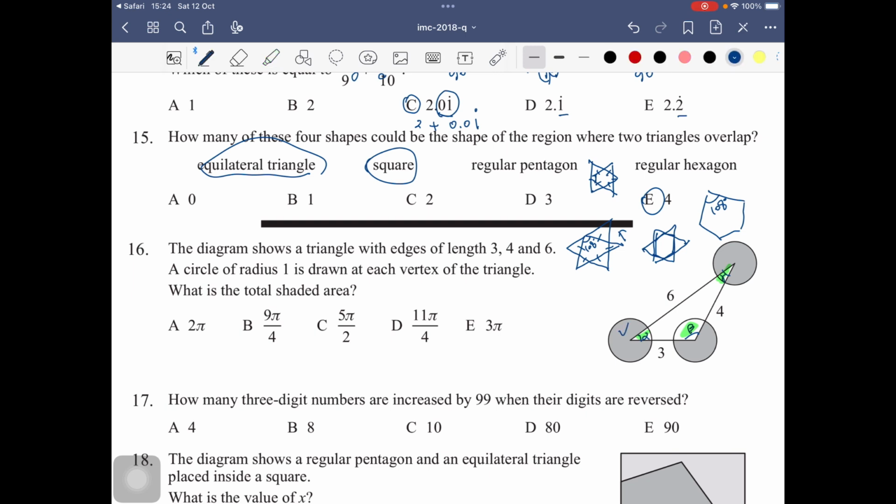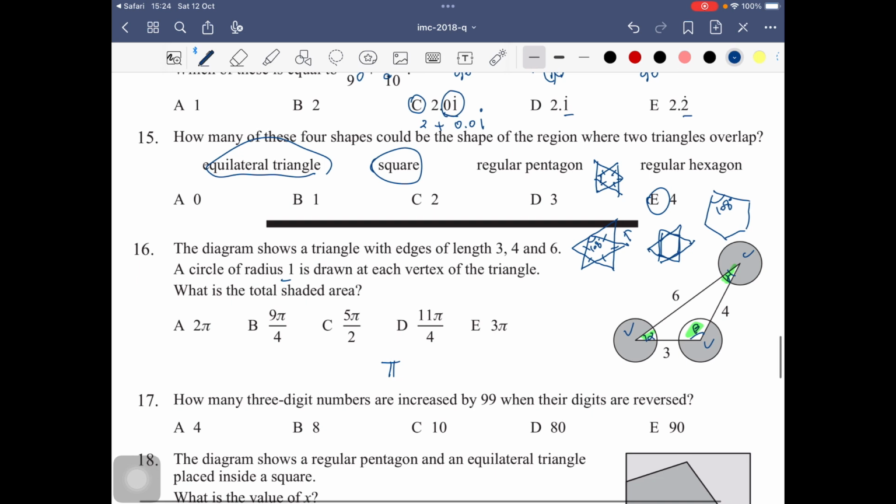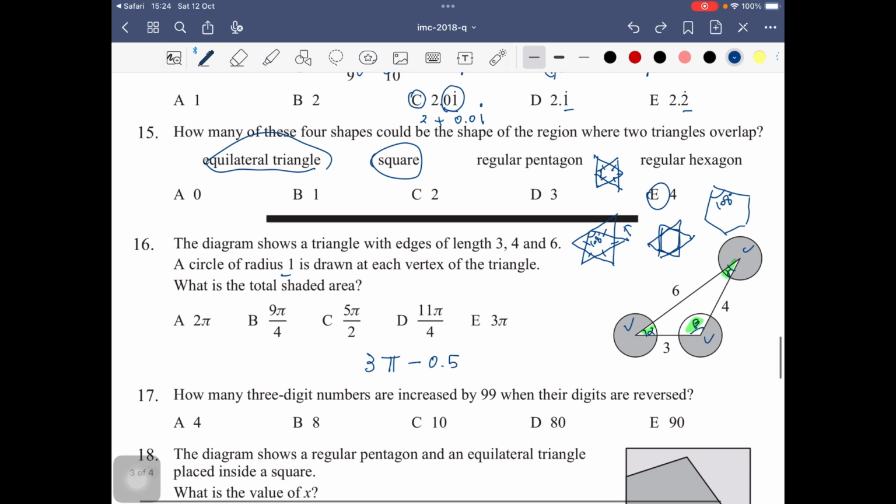So actually it is three circles, but we need to exclude a semicircle, half of the circle. So pi r squared, but r is 1, so pi, but we have 3, and we need to exclude the semicircle, so 2.5 pi.